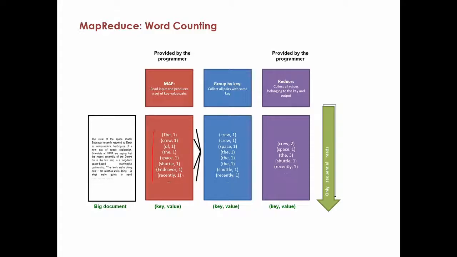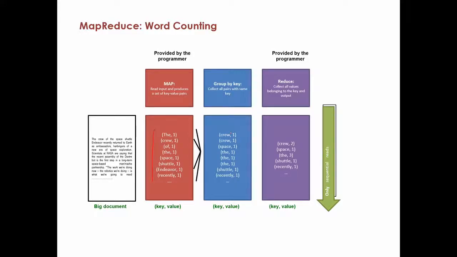Initially at the mapper output level, the count of every word is going to be just 1. If the word "the" appears multiple times in the text, it will appear multiple times in this list, but the count of each will be 1.